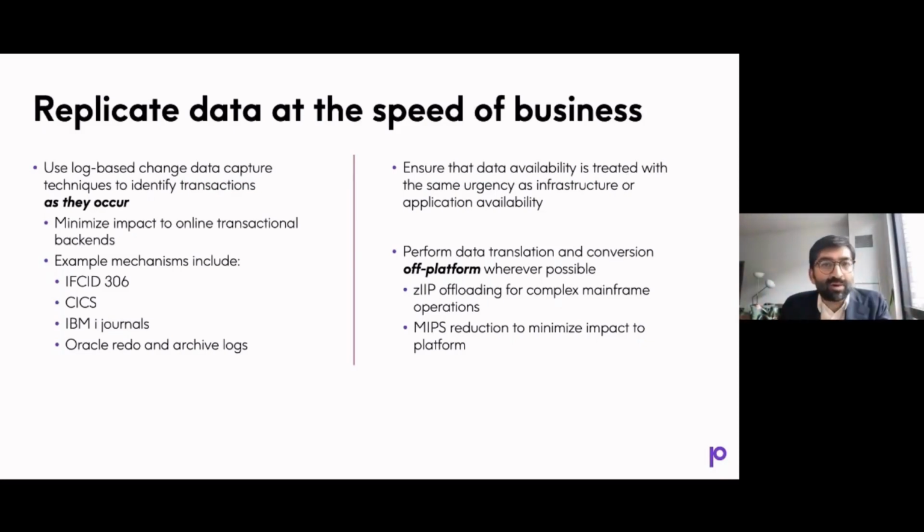Do that off platform wherever possible. Minimize your CPU impact. If that means offloading complex record scanning and things of that nature to zIIP engines on the mainframe, do it. Really what that's going to do is it's going to minimize the impact that you may put on the actual operational applications that continue to run on these systems of record.